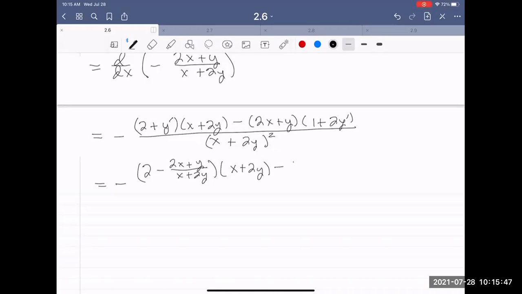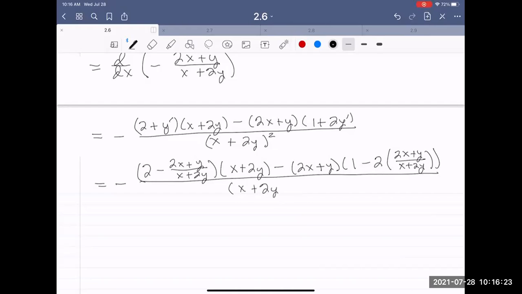Plus, minus 2x plus y times 1 plus, it's 2 times y prime, but y prime is negative, so I'll put a negative here. So minus 2 times y prime, which is 2x plus y over x plus 2y. All divided by my denominator, x plus 2y squared.